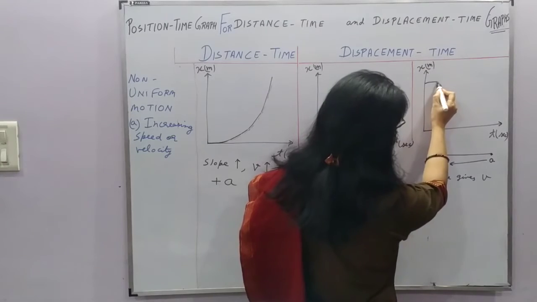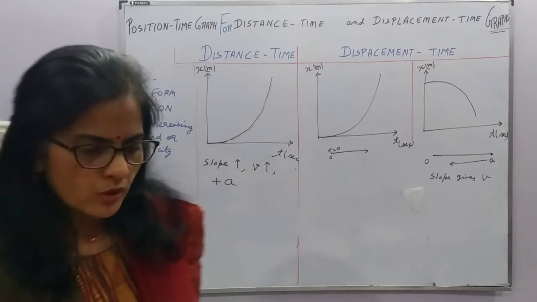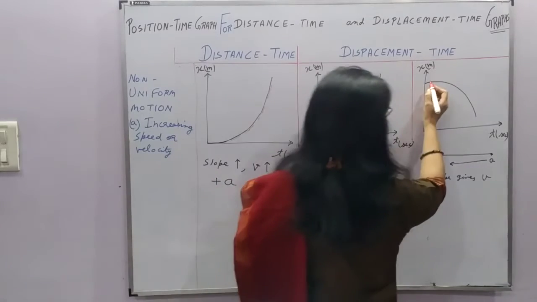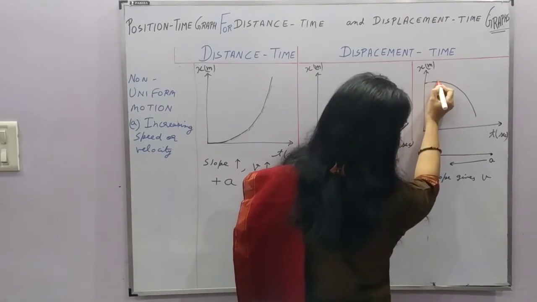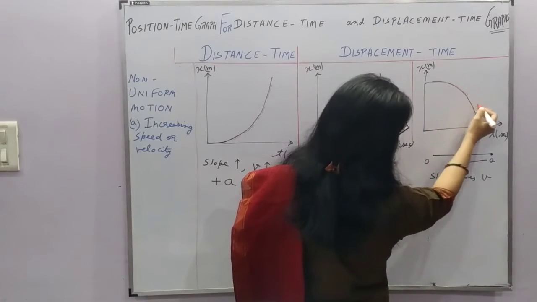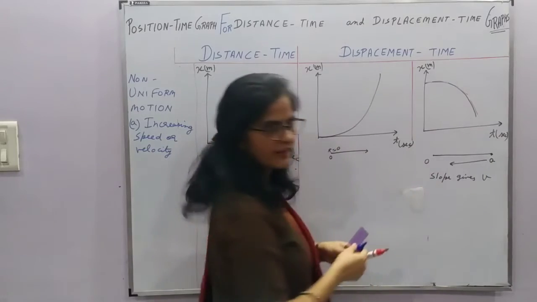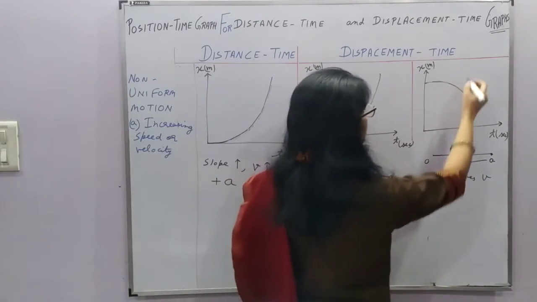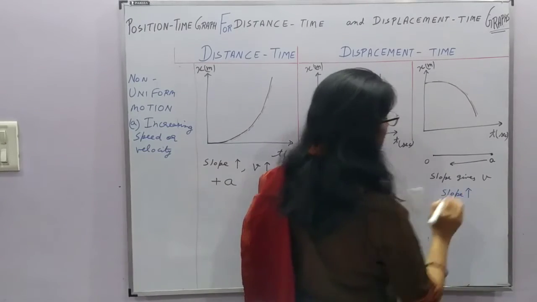So you can say that your graph will be like this. Why so? Because at this point the slope is 0, then the slope is increasing, and increasing again.